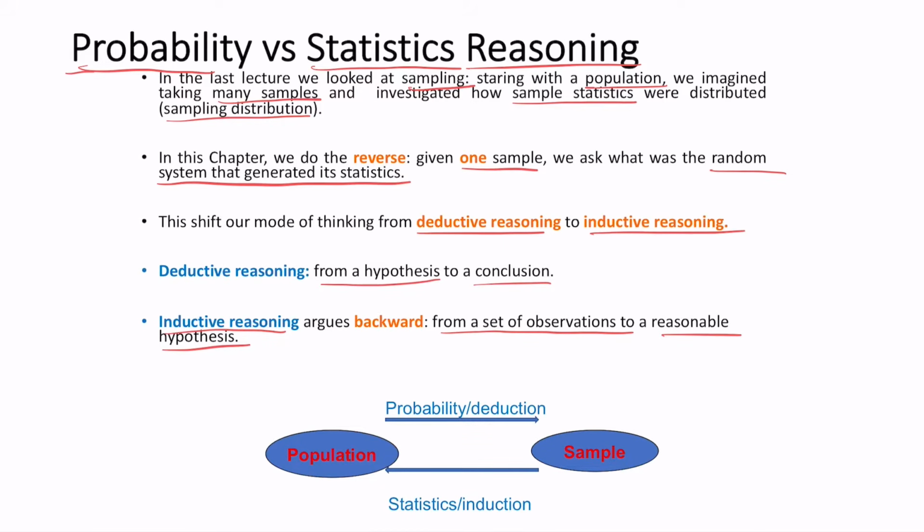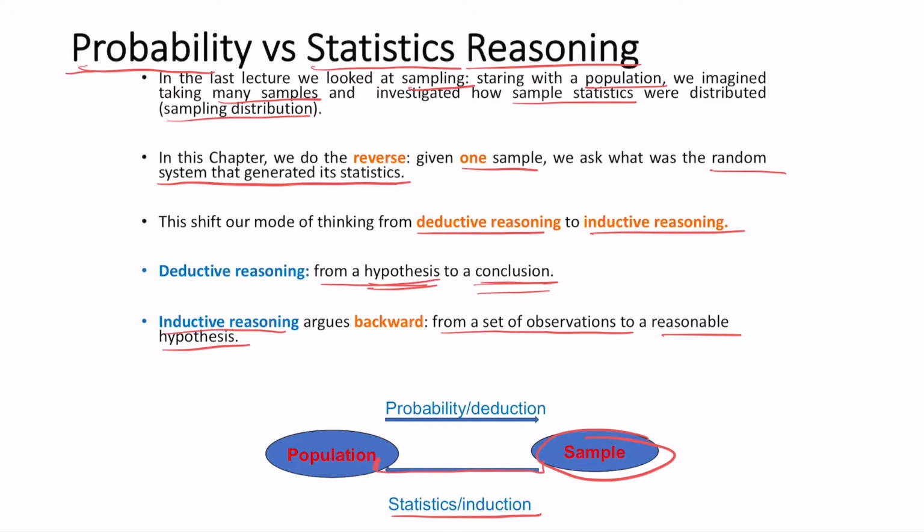So probability is a process of deduction where we start with a hypothesis and come to a conclusion. But statistical reasoning is the reverse, where we take the sample and try to estimate what would be the values in the population based on the sample.